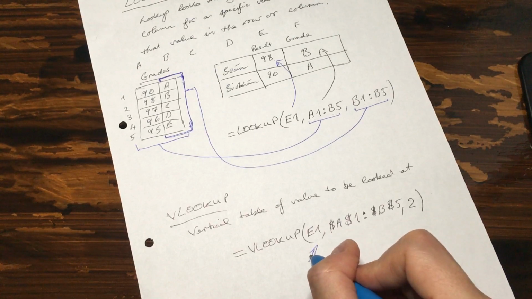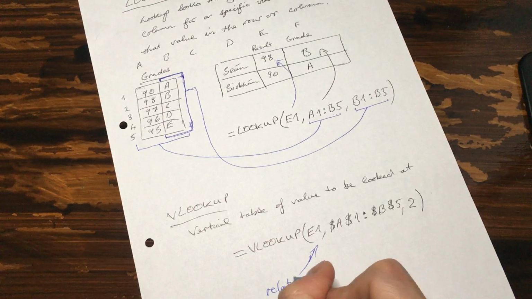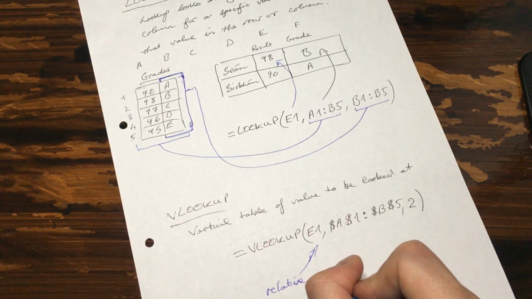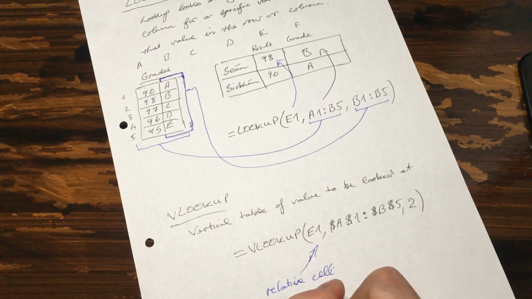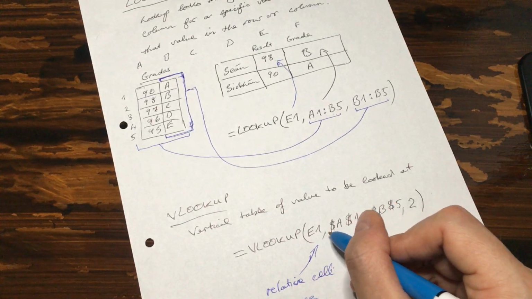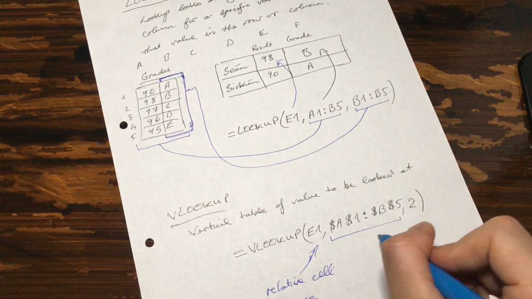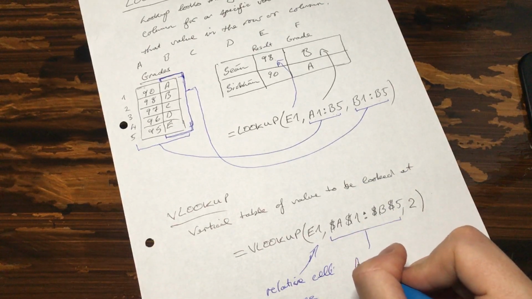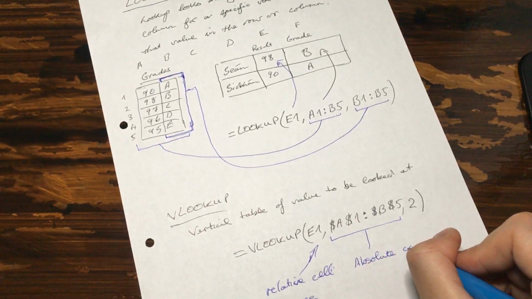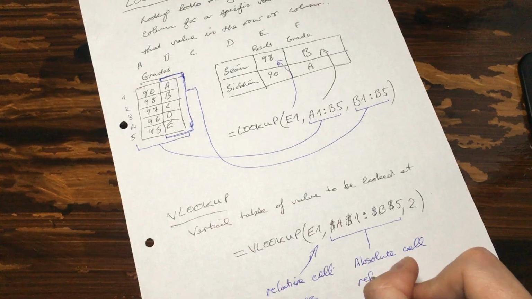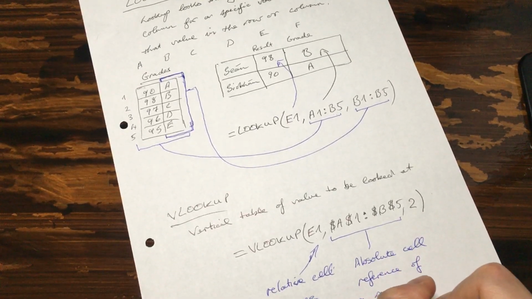Now this I'm going to write and say this is relative cell reference, because it's relative. That means it'll change whenever I pull it down. And this is absolute, we call that absolute cell reference of a range.